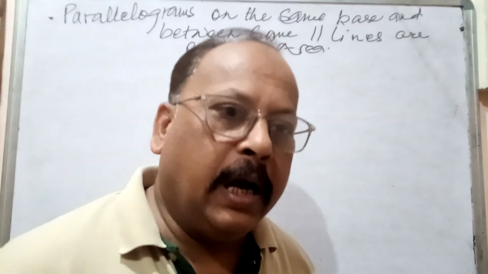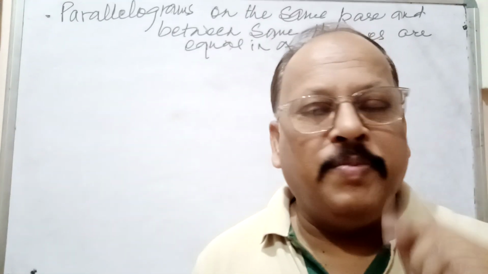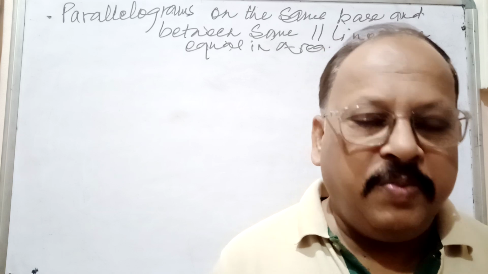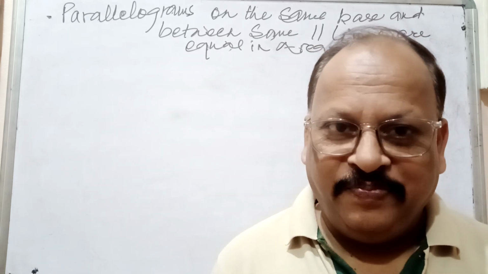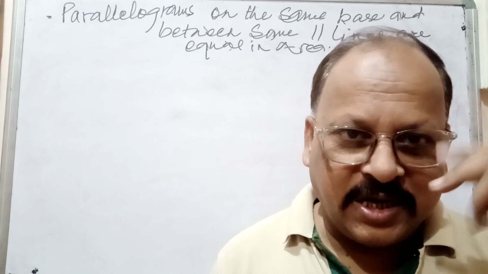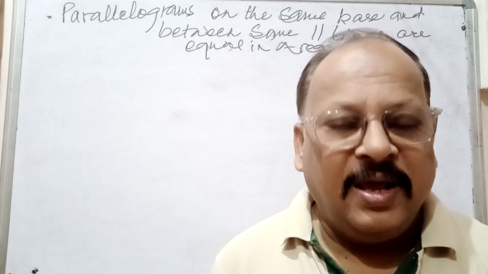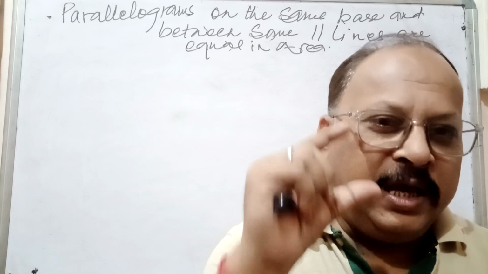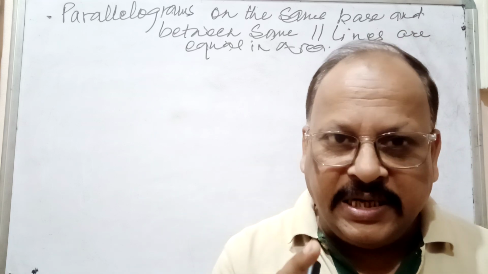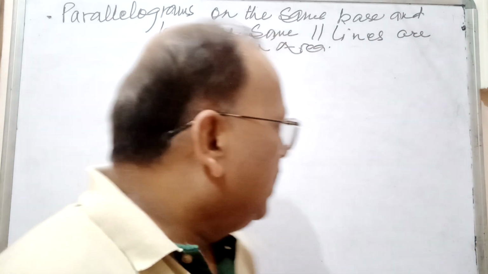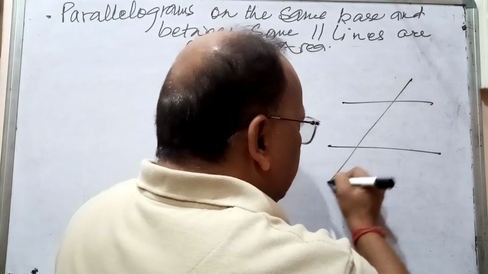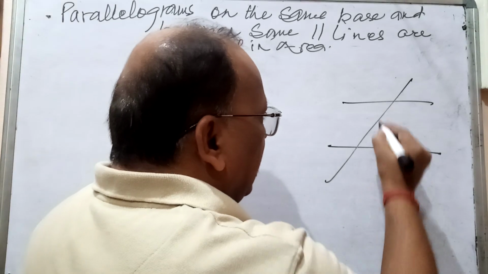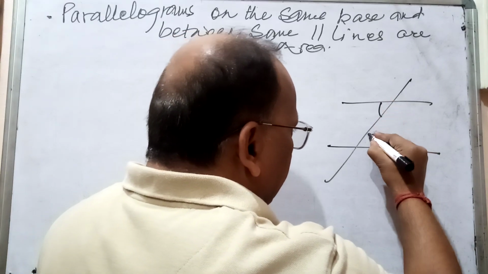To prove this, you must know some of the properties of a parallelogram. In any parallelogram, opposite sides are equal and opposite sides are parallel. One more fact: if two lines are parallel and intersected by a transversal line, then alternate angles are equal.